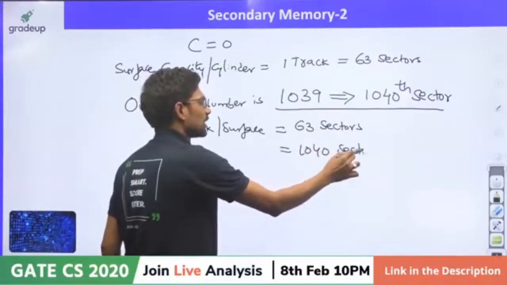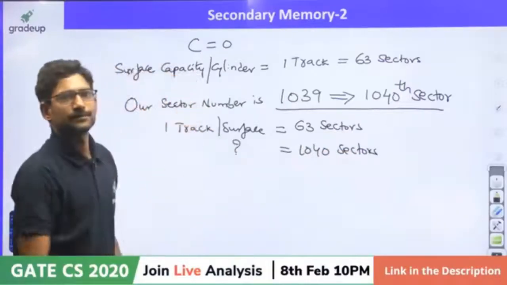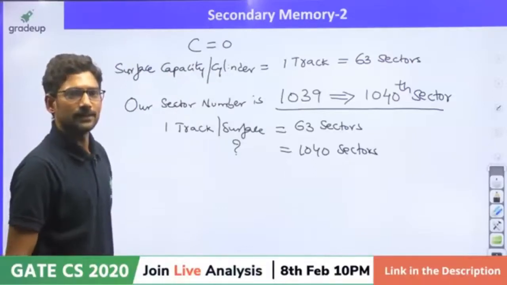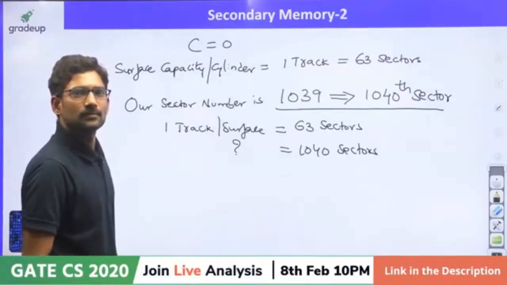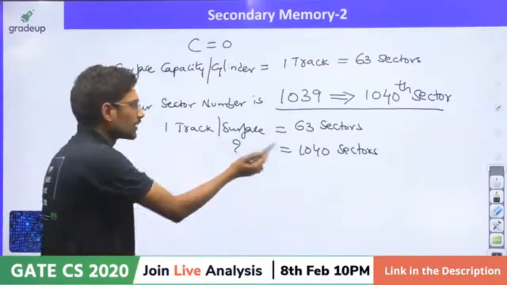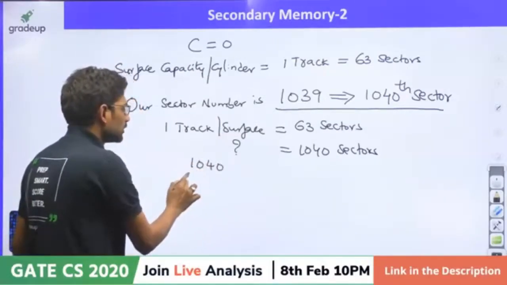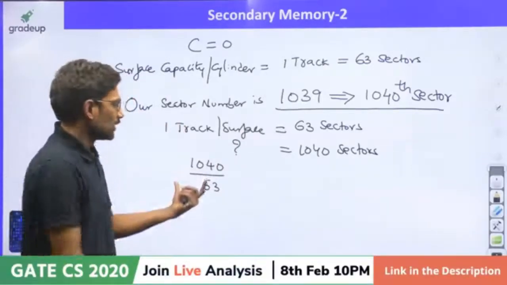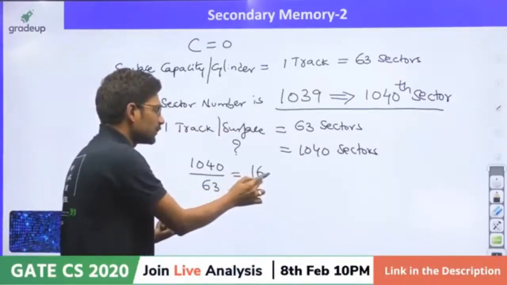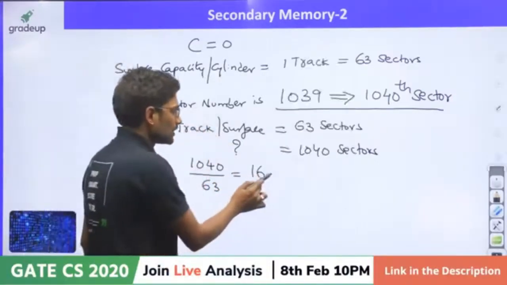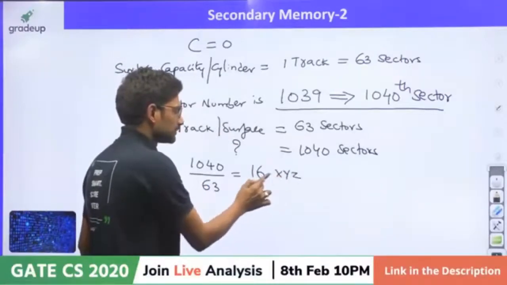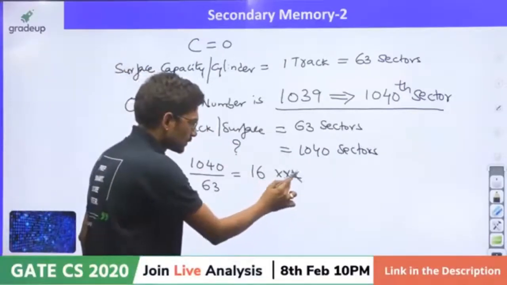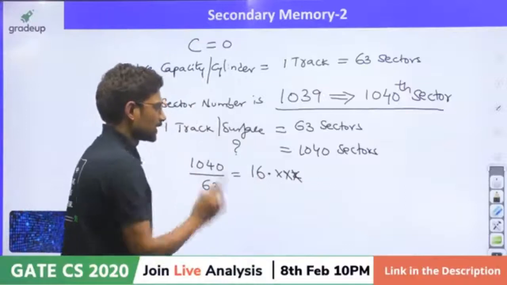1040 sectors require how many surfaces? Right? Now, how to calculate? 1040 divided by 63 will give you 16 point some value.